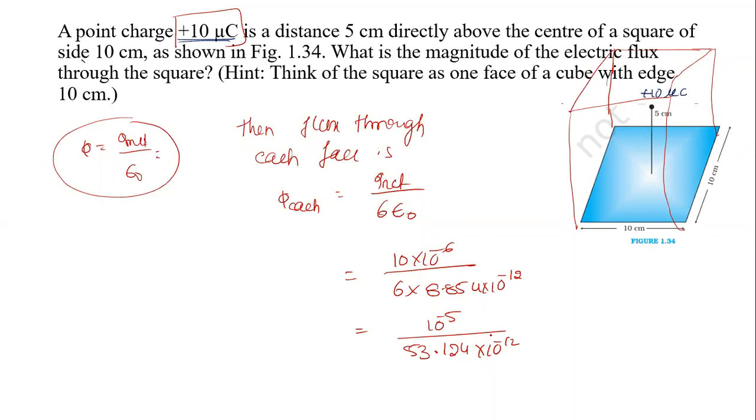So it is 1 divided by 53.124, and we get 0.0188 into 10 power plus 7. This is the flux, in newton meter square per coulomb, through each face.